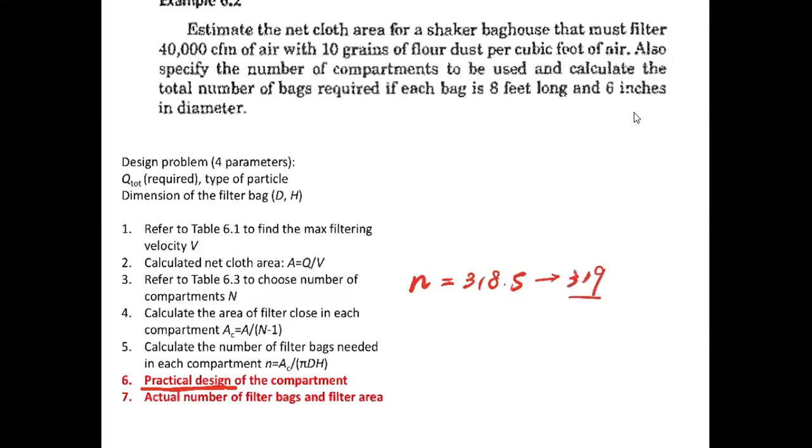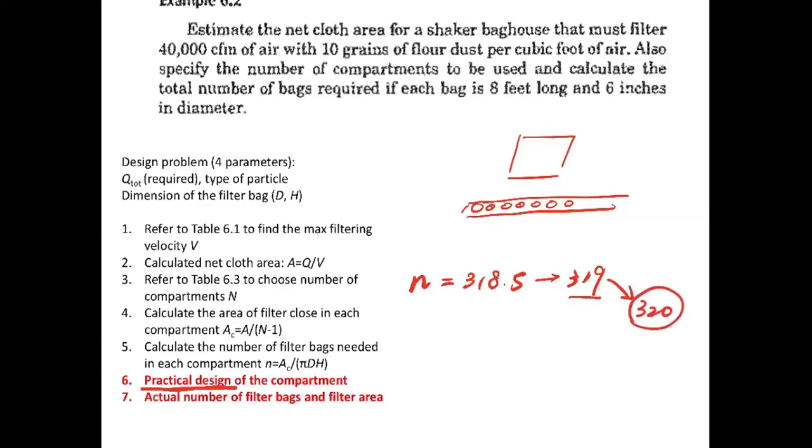But 319 is not divisible by anything, right? We are not going to build a wall of the baghouse here. We mentioned that we have to build a baghouse that has a certain square geometry, right? Because of that, we need to further round it up to 320.